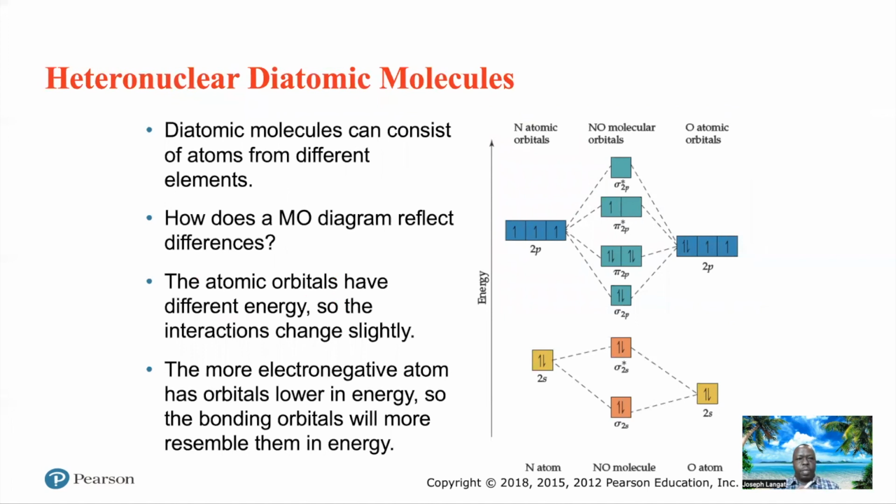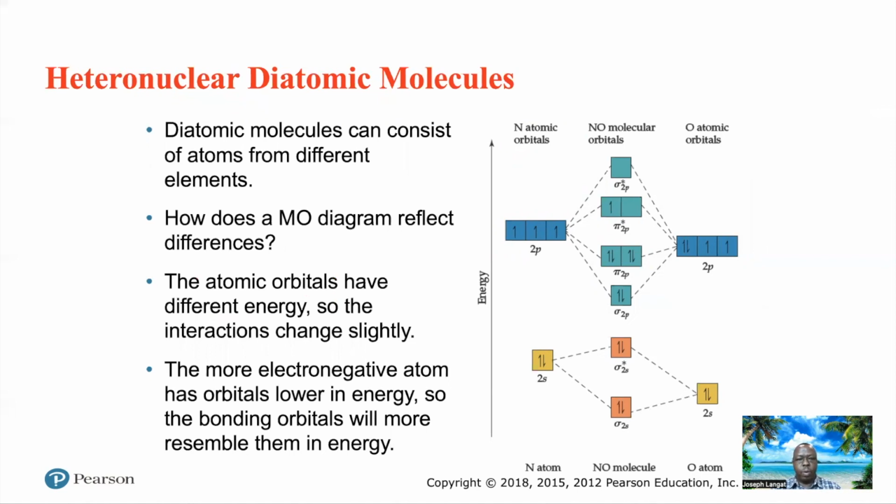You can do the same thing for heteronuclear. Heteronuclear means molecular orbitals for different atoms. Look at this, nitrogen and oxygen. Previously, we looked at homonuclear.